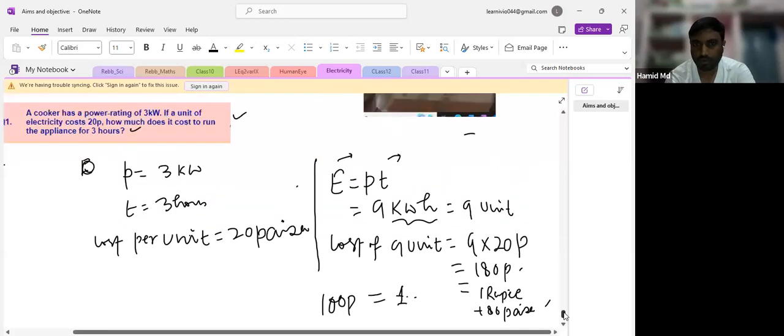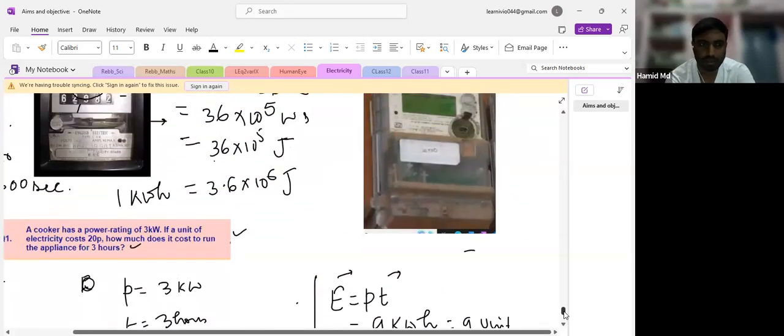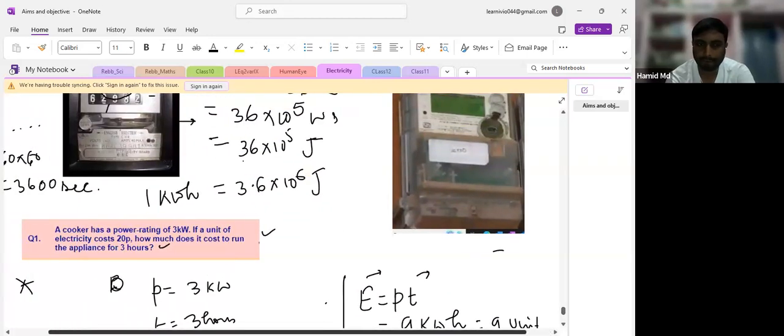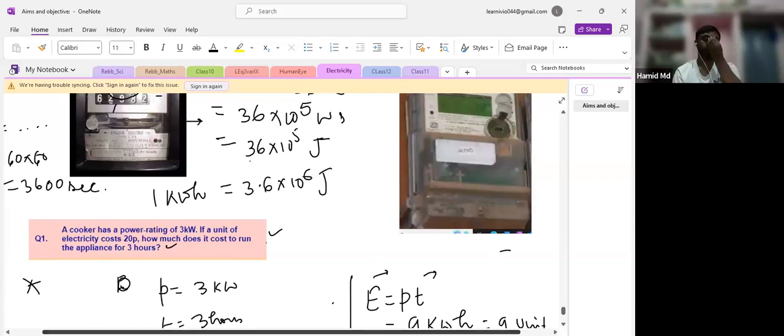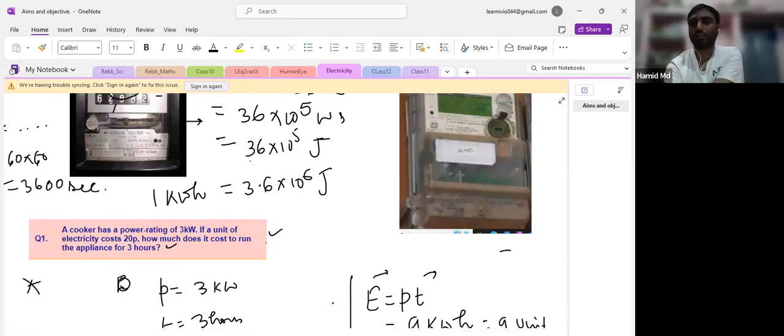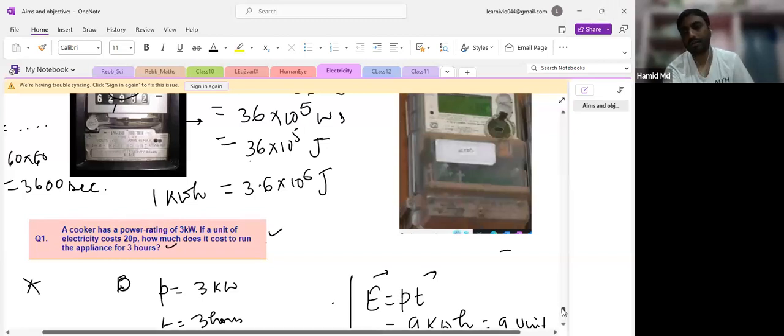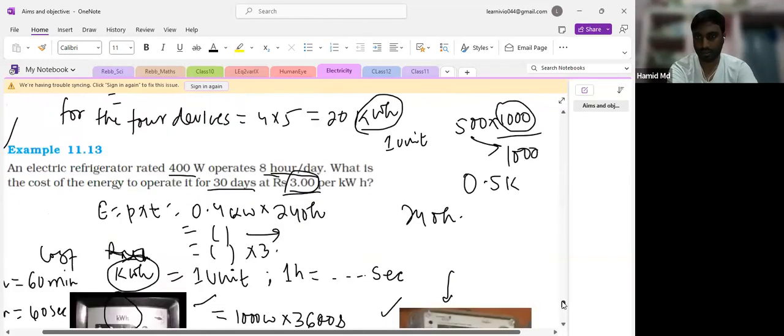So is there any problem in solving these numericals? Everyone got the concept, what is kilowatt hour and what is the use of it, how to calculate the energy consumption.